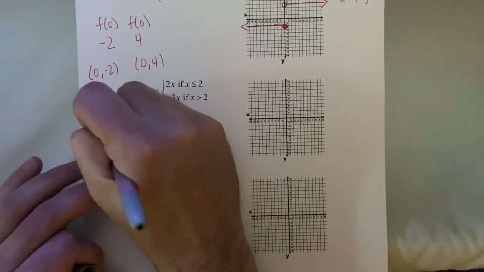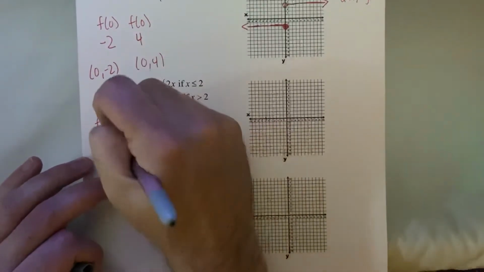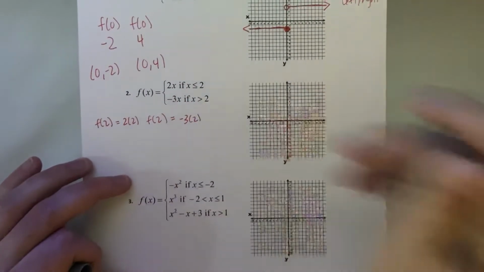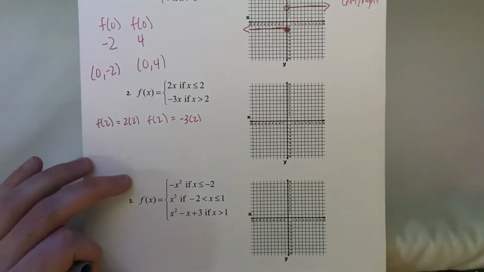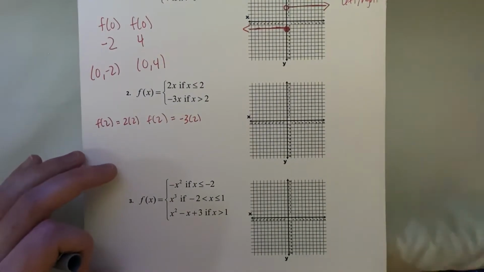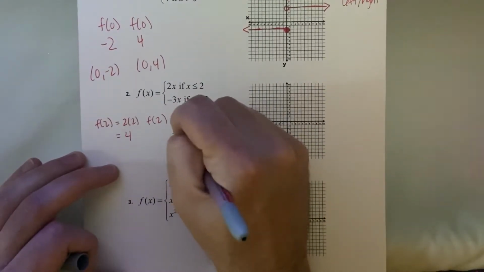So f of 2, that would be 2 times 2, or negative 3 times 2. That would be 2 times 2 equals 4, negative 3 times 2 equals negative 6.